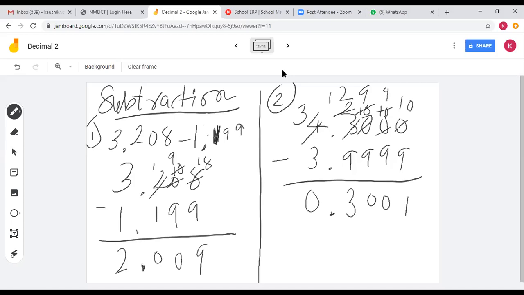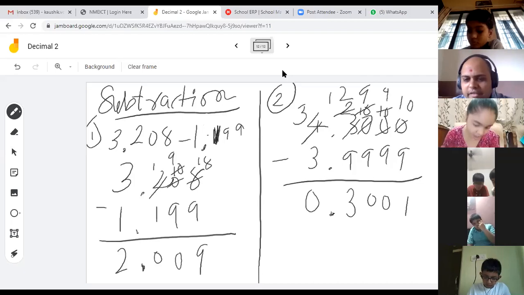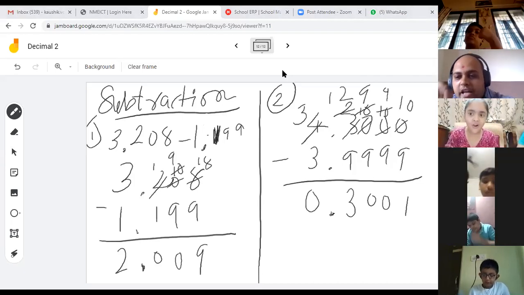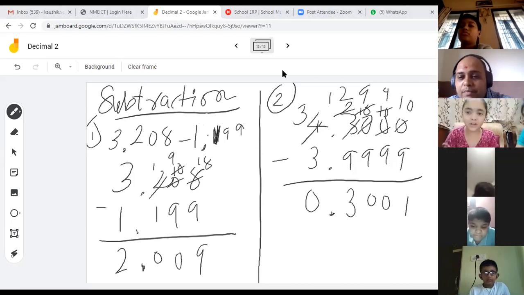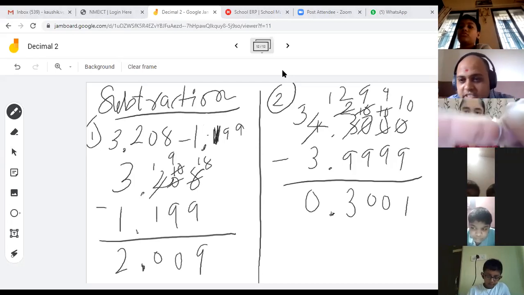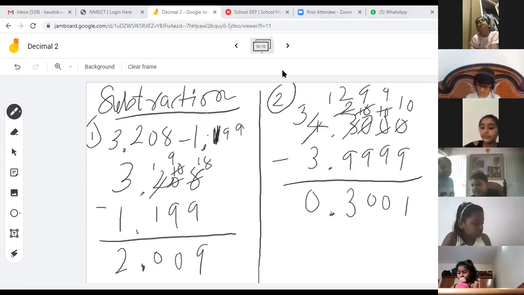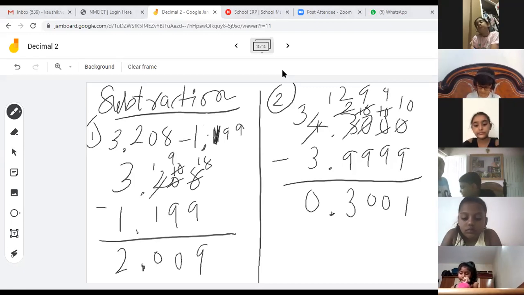Okay, everyone? Understood? Very easy sums, right? The only difference is the decimal point. It has to be kept in the same place. Otherwise, it's easy. Come on, do it quick. Shanvi, pay attention and do it quick. You understood now? Good.